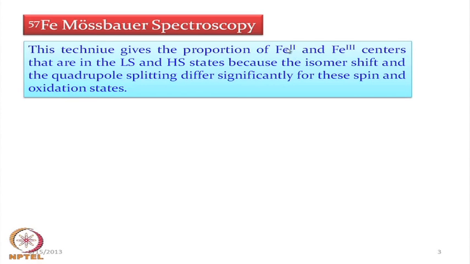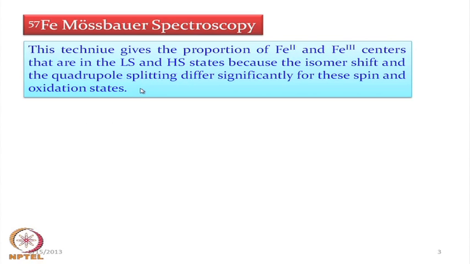So, it is a very nice technique in which iron 2 in low spin and high spin, and iron 3 also in low spin and high spin, can be handled. That means if a particular compound has both iron 2 and iron 3 centers, as well as high spin and low spin proportions, they can be identified.